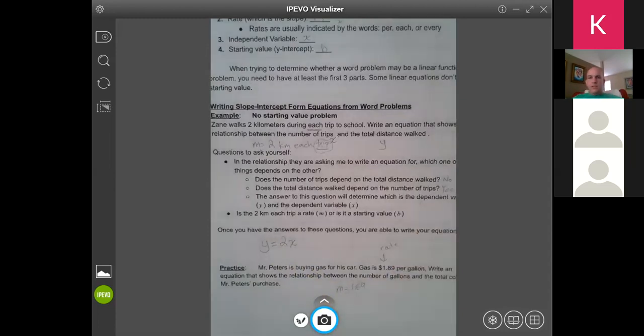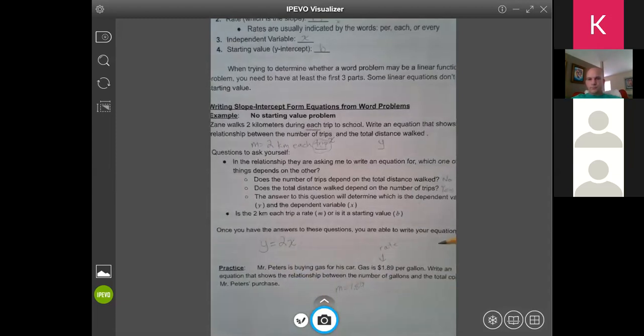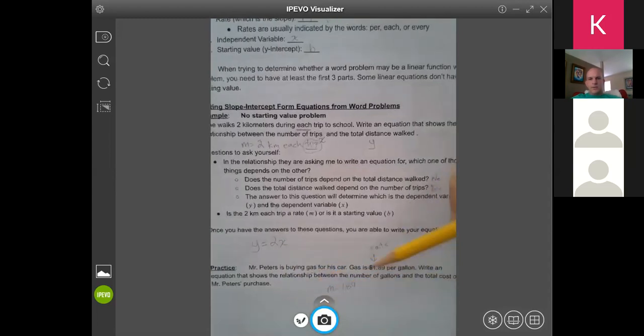So the other thing we need to do then is determine in this situation which of these things in the relationship they're asking us to write, whether it's the number of gallons or the total cost, which of those things depends on the other. So does the number of gallons depend on how much I spend, or does how much I spend depend on how many gallons I buy?